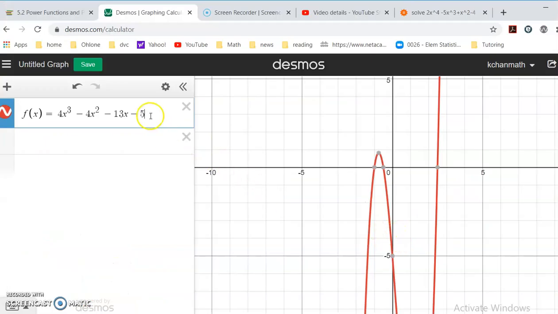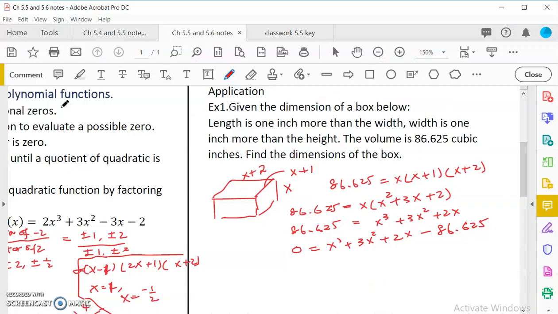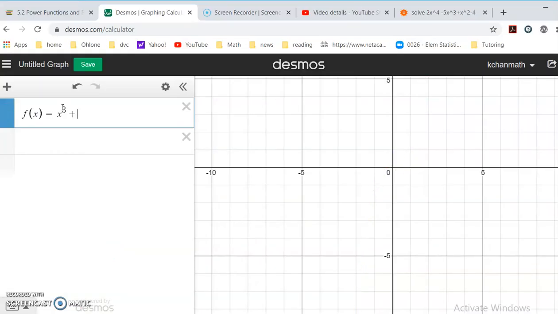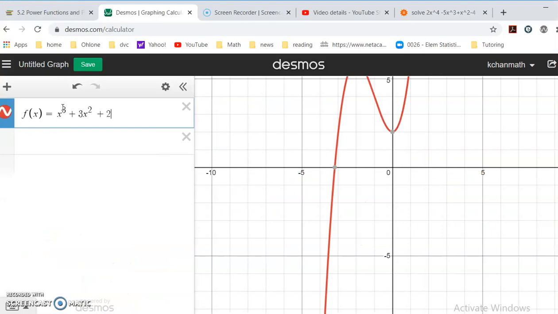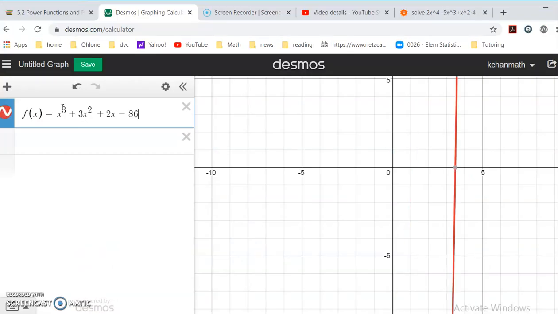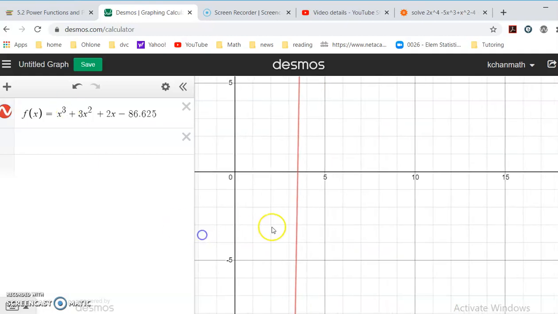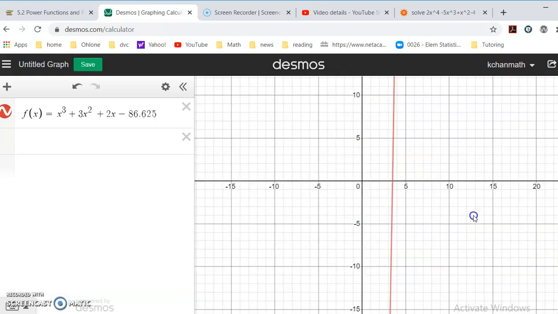That's kind of hard if I don't have Desmos, so I'm going to use it. x cubed plus 3x squared plus 2x minus 86.625. Okay, so the zeros. How many zeros do I have? Just this one.